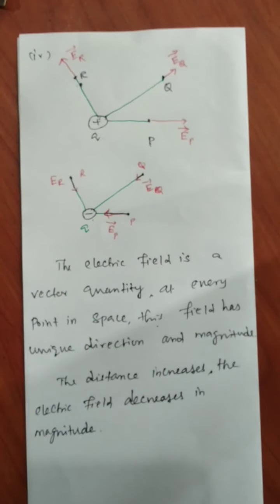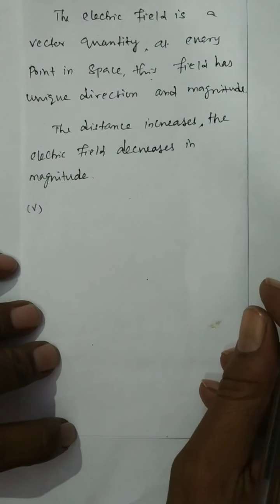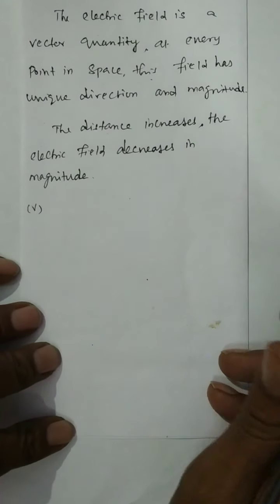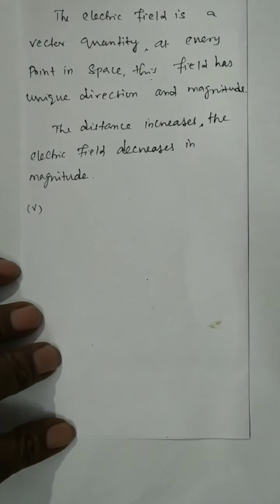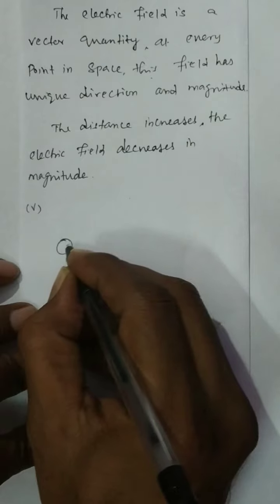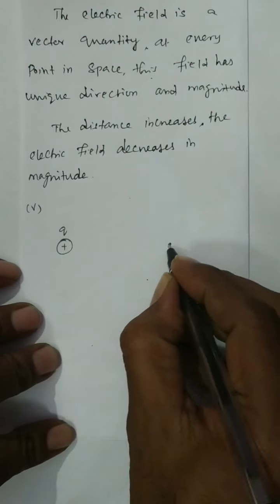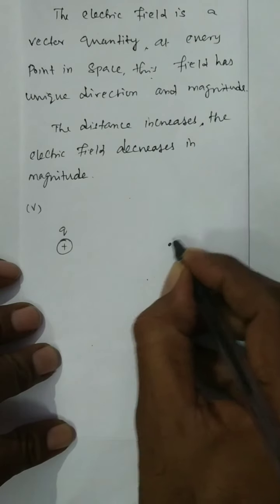So this is the fourth aspect of the electric field. The important aspects of electric field, point number 5. We know that there is a source charge Q, whether it may be positive or negative. We have a test charge, that test charge also positive.